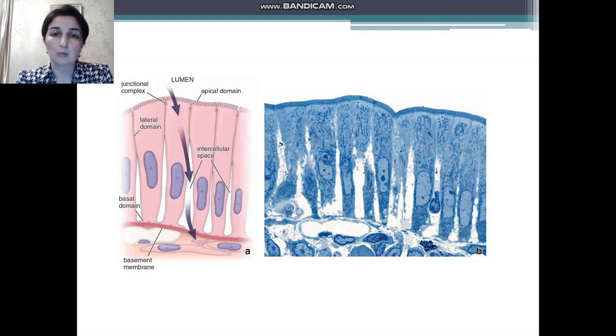Both of them will carry necessary components for proper digestion. The bile and the pancreatic juice will be released into the lumen of the intestine in that way. And the activity of the pancreatic enzymes in the duodenum starts the final digestion of the food substances.